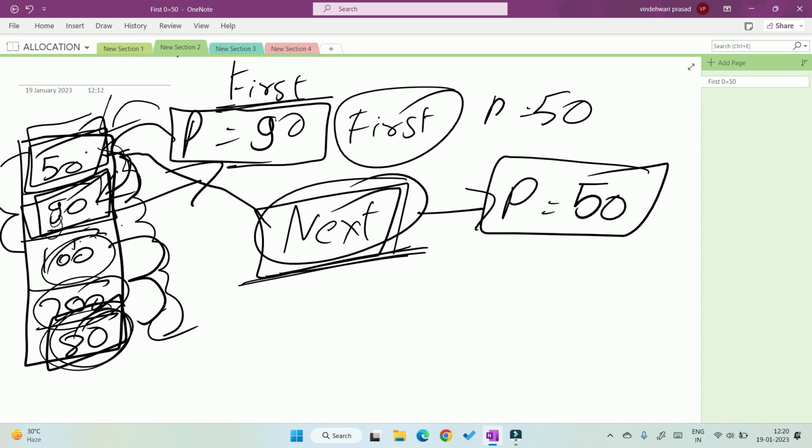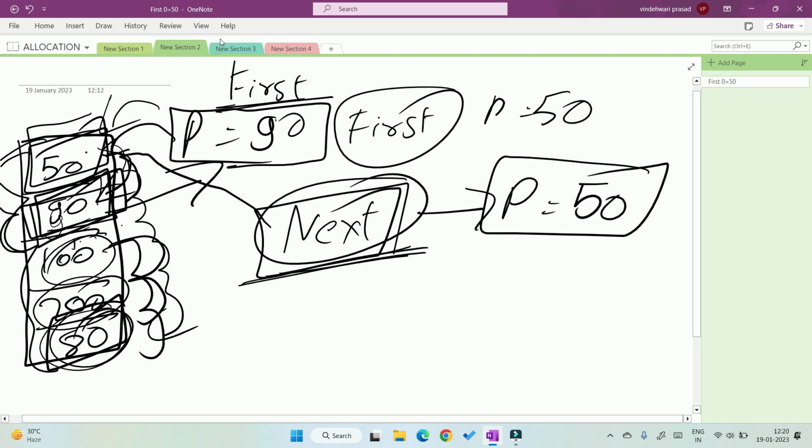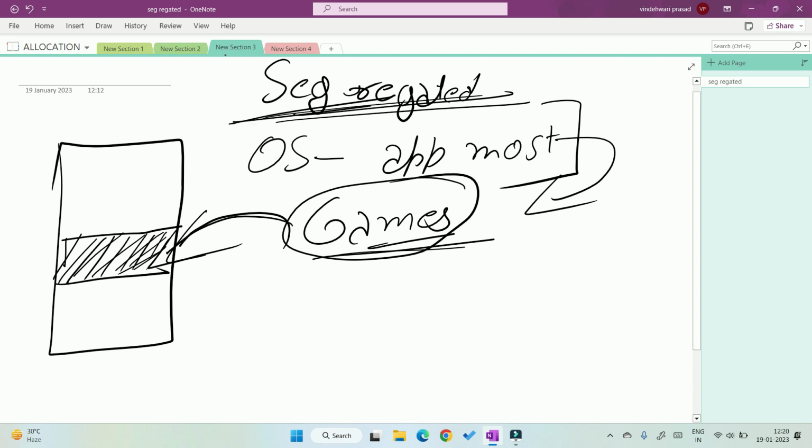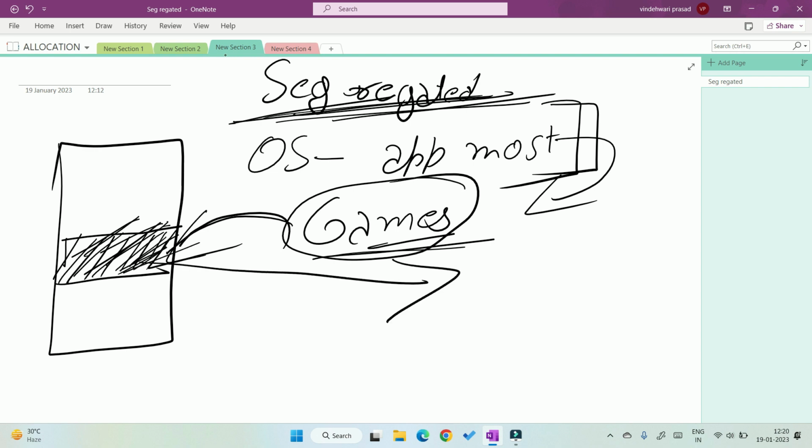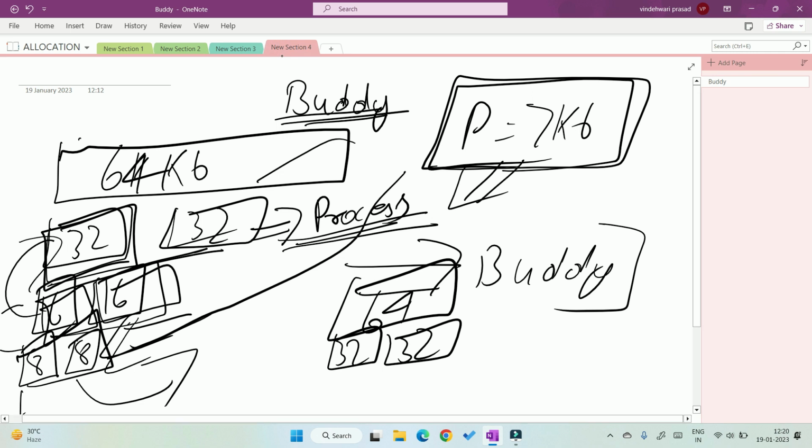So if there is an allocation at 90, then we always search from the 100 level, not from the starting one. Then there is the segregated method, where the OS reserves memory for the most popular app, and this reserved place is only given to that particular app. Next is the buddy method, where the OS always divides its memory into halves until it finds a perfect fit for a process.